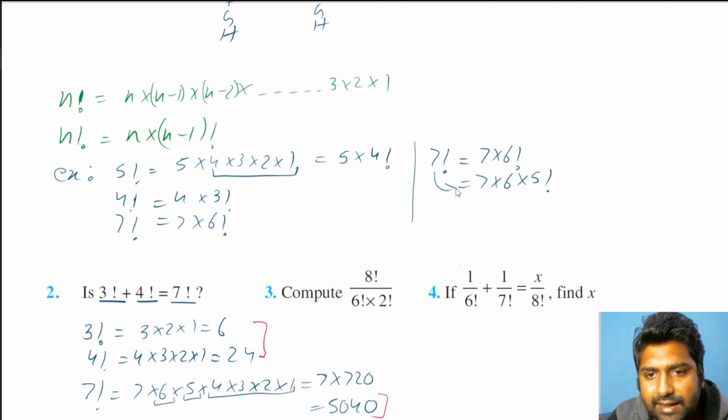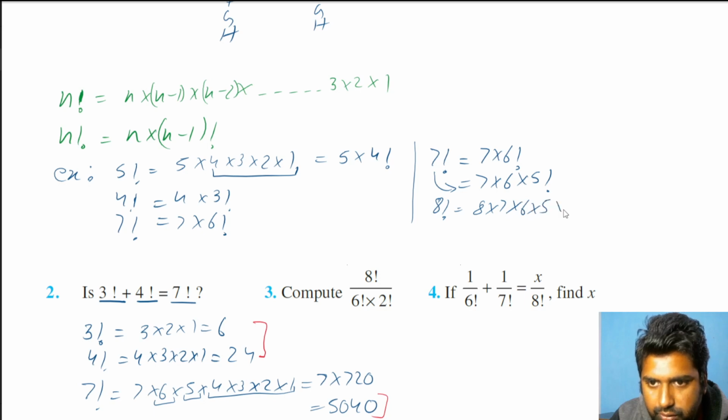Or directly come to this: whatever factorial you want, you multiply till that number. Like you want 5 factorial, so multiply 7 into 6 and then whatever is left, 5 is left, now write 5 factorial. Suppose you want 4 factorial: 8 into 7 into 6 into 5 into, now you get 4, write 4 factorial. Now the call is yours.